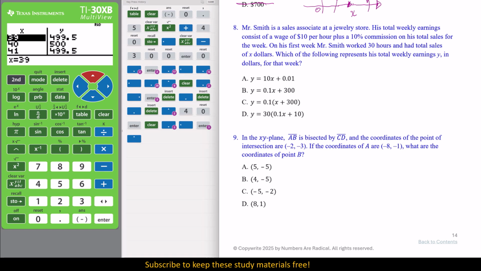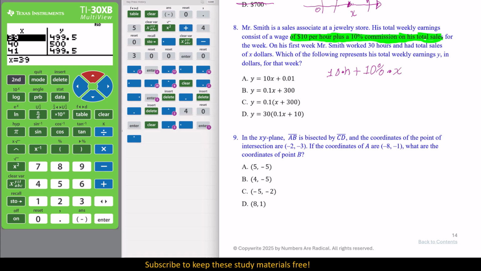Okay, so let's write out this first bit. This is what they say to use as your recipe. There's our recipe. Now, they do give us pieces of our recipe. So we have $10 times the hours plus a 10% commission times I don't know how many dollars.